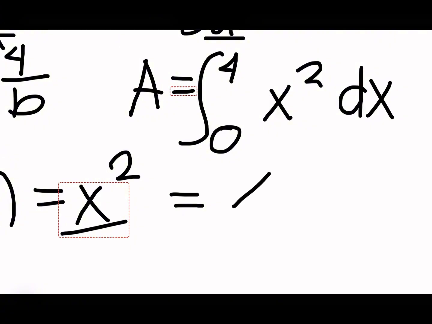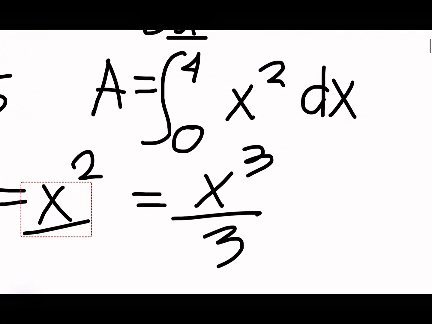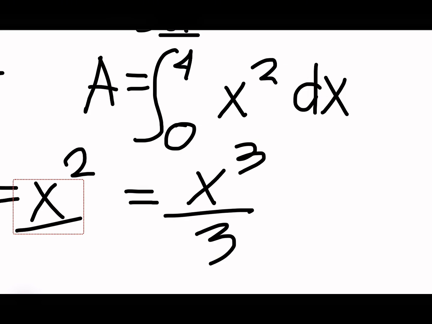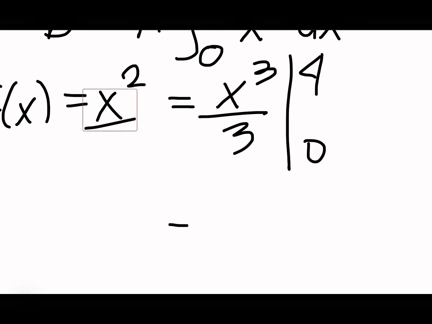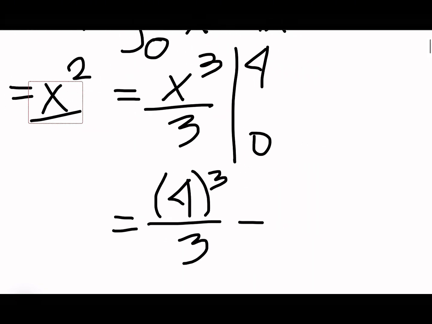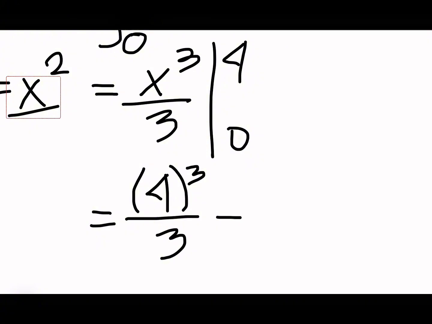It's going to be 2 plus 1 is 3, so x cubed over 3. And now we're going to evaluate it from a to b, or from 0 to 4. Now we're going to plug in first the 4. It's going to be 4 cubed over 3 minus, now we're going to plug in the 0, so 0 cubed over 3.